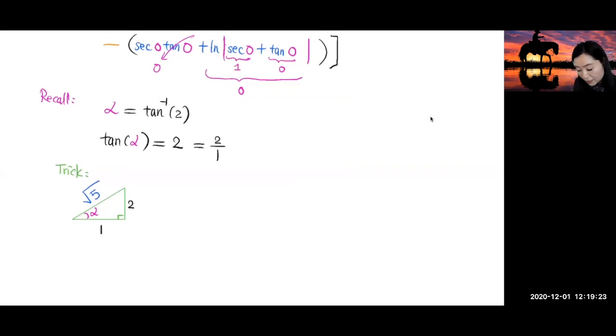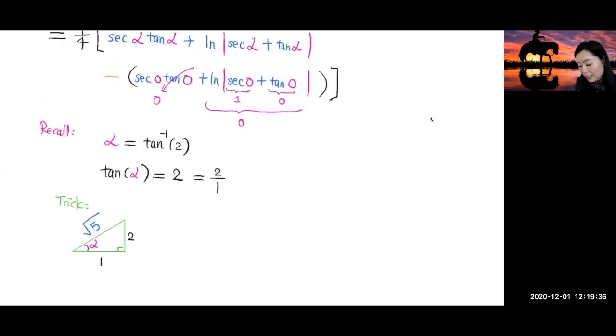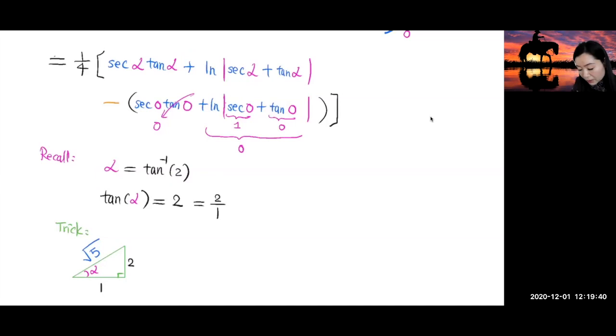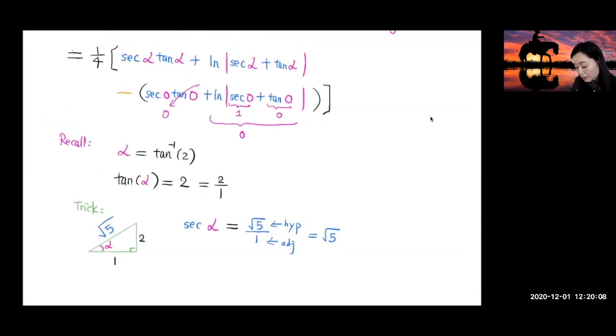Using this triangle, you can find secant of alpha. Secant is the reciprocal of cosine, so that will be hypotenuse over adjacent, which is square root of 5 over 1, equal to square root of 5. Now we can substitute this back.